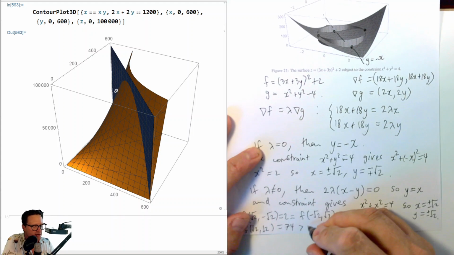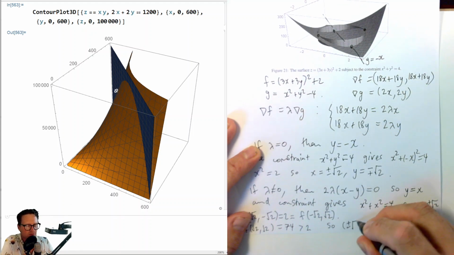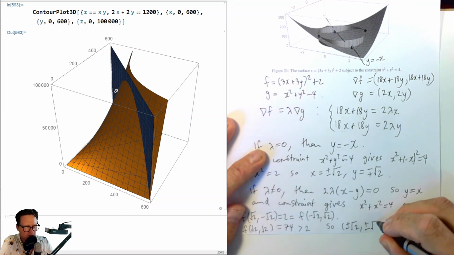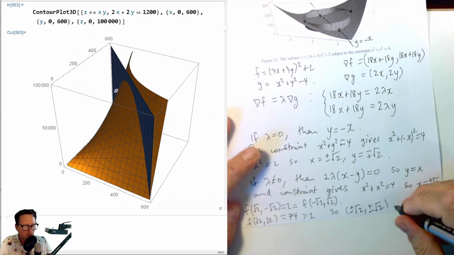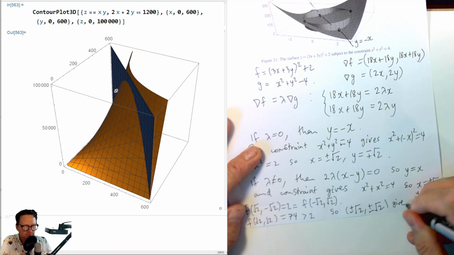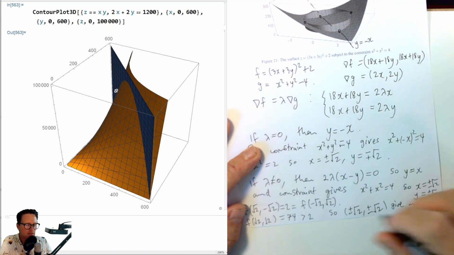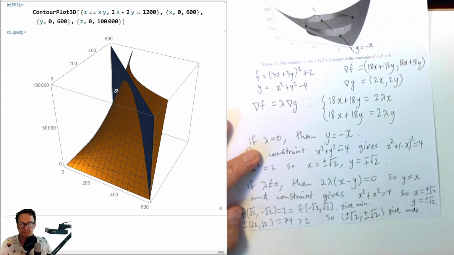And so this is greater than 2, so plus or minus root 2, plus or minus root 2, because it works for the minus as well, because those get squared, give maxima, and these give minima. Okay.